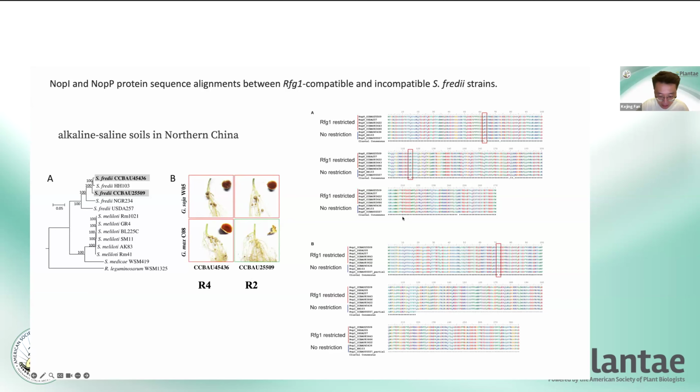Then we constructed their genomes and compared the NOP protein sequences among the different rhizobia. We found that only NOP and NOP-I show sequence variation among the IFT1 restricted and non-restricted strains. So we suppose that NOP-I and NOP were responsible for the RG2-controlled nodule host specificity.